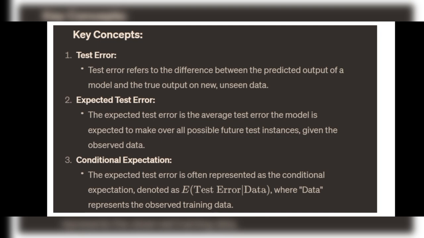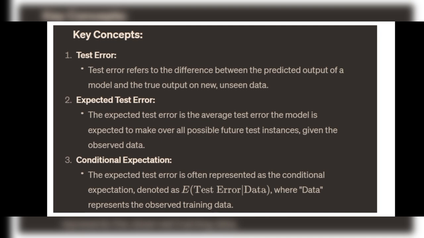Whereas when we get the true output, after performing some calculations or algorithms, that is the new output on new or unseen data. By comparing both, that is the difference between the predicted output and the new output, we get the test error.